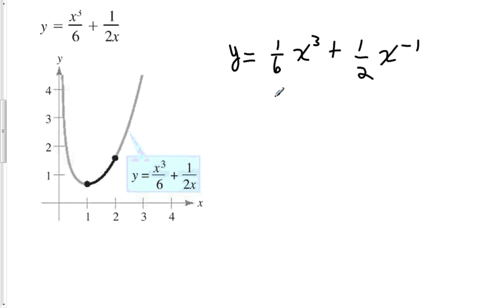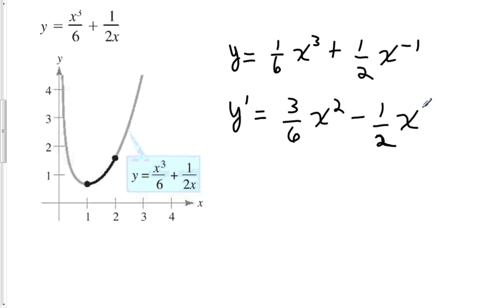So I rewrite it, and then the derivative y prime is 3/6 x squared minus 1/2 x to the negative 2.